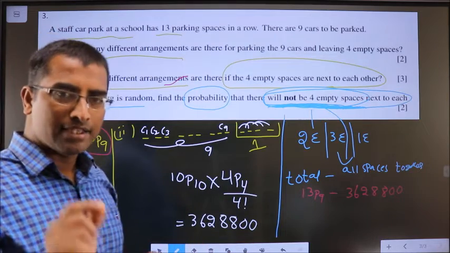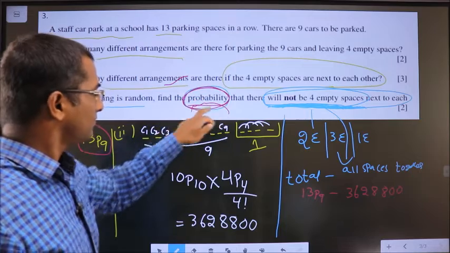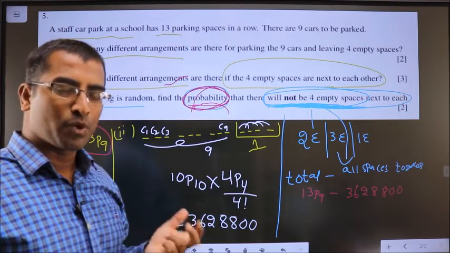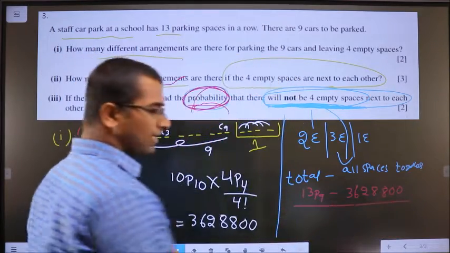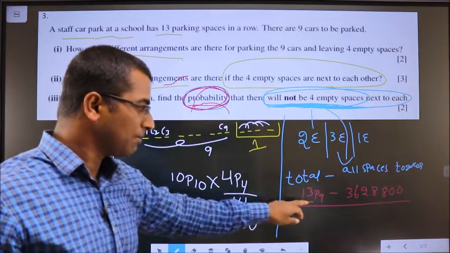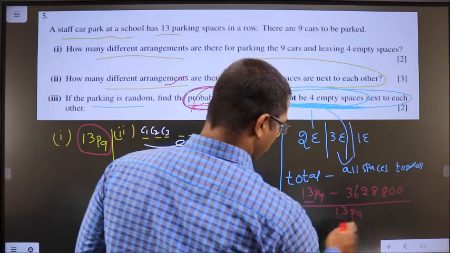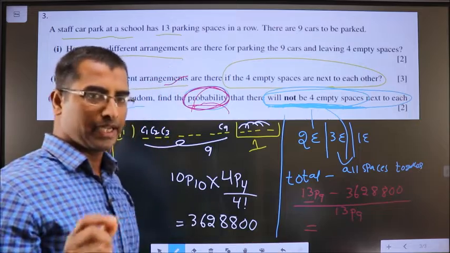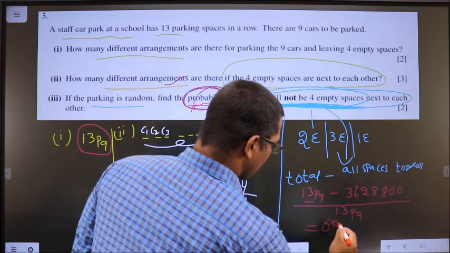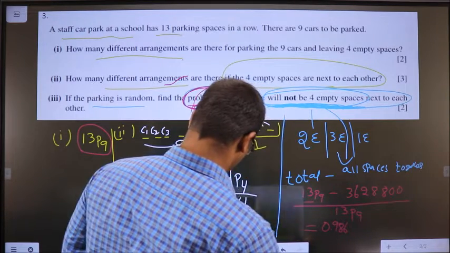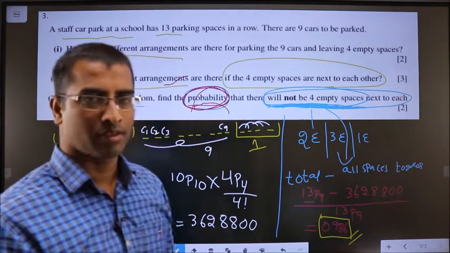Now he is asking for probability. Whenever probability is asked, whatever answer you get, divide it with the total. Total is 13P9. So divide by 13P9. Why are we dividing? Because he is asking for probability. So you get the answer to be 0.986 as your answer. Okay.